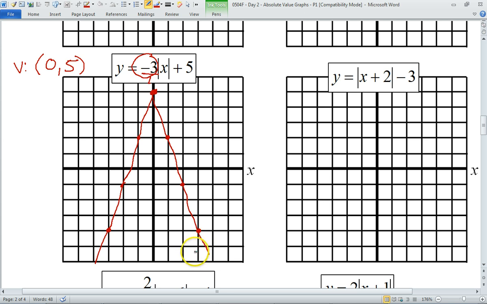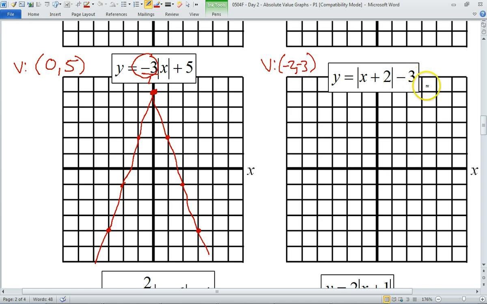Okay, Hunter, tell me the vertex of the next one. 2, -3. He said 2, -3. That was super close. Can somebody correct him? It's -2, what? -3.